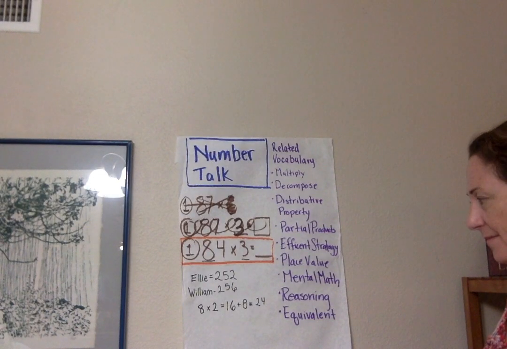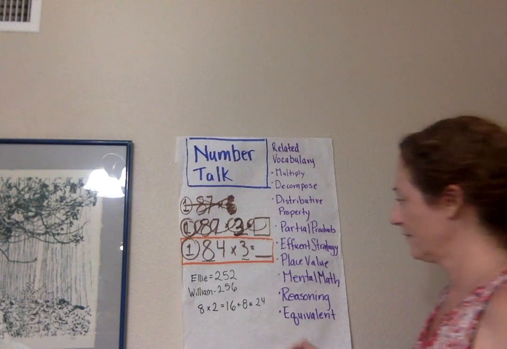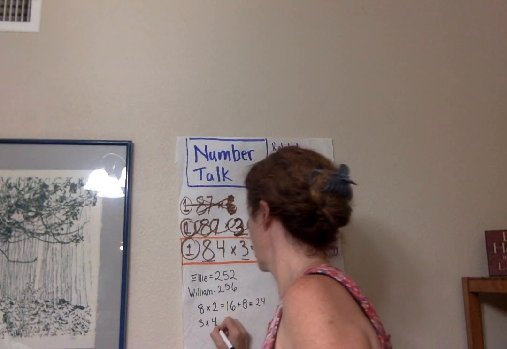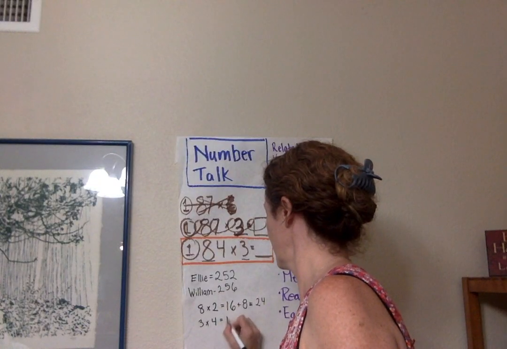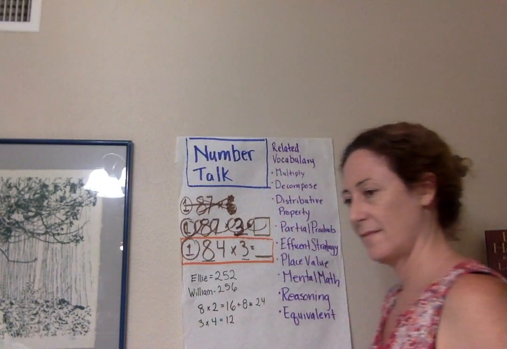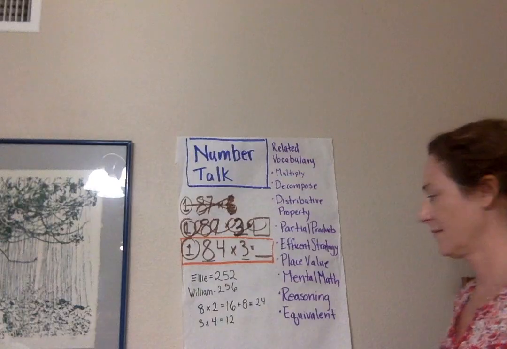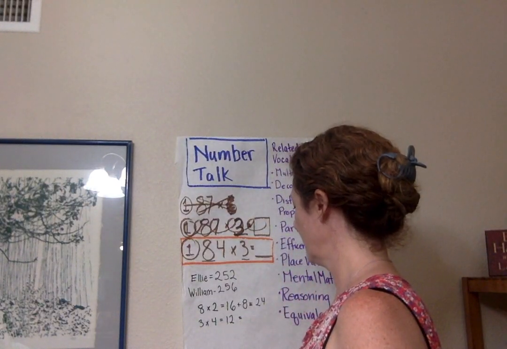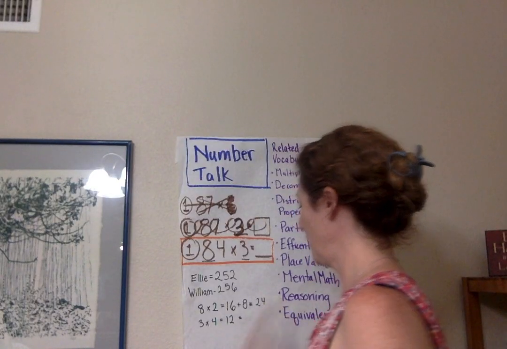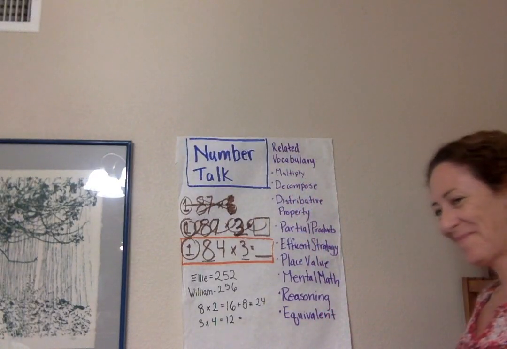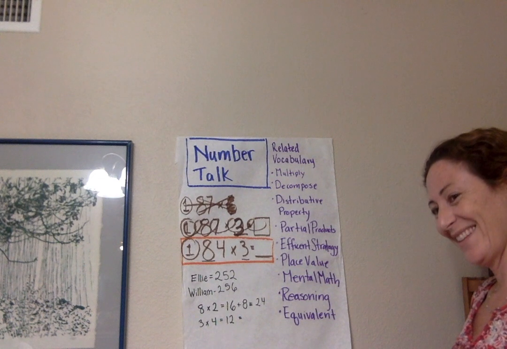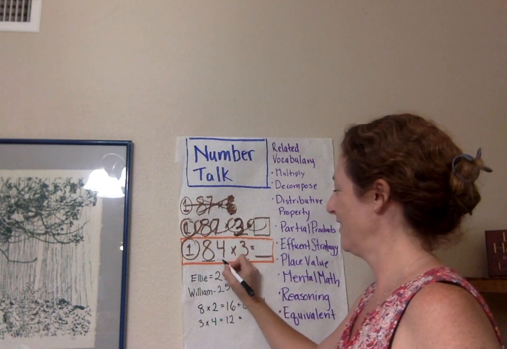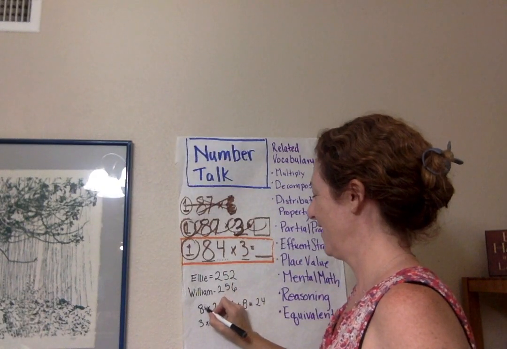And then I did 3 times 4, which is 12. So that made it 252. Can you tell me how you got 252? You have to add the 0. So I took the 0 from the tens place and put it behind the 24.